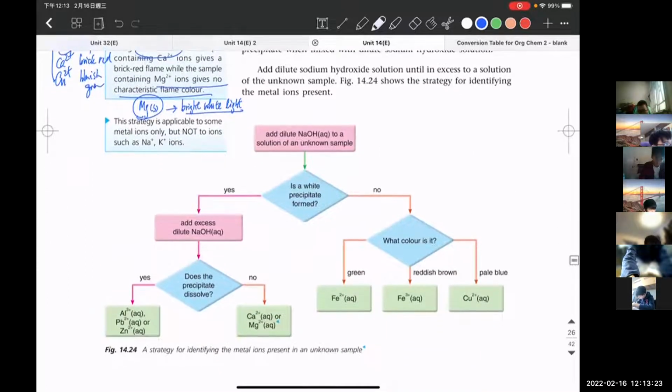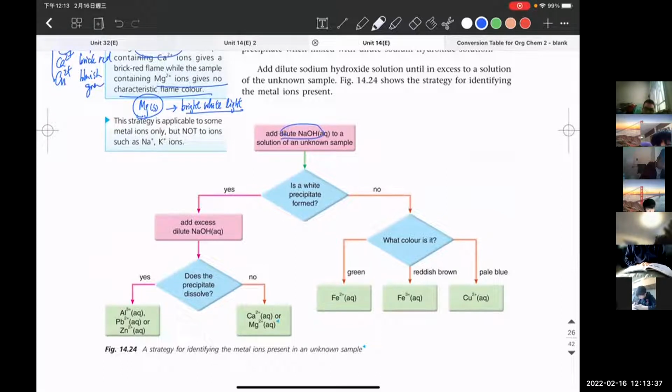Adding alkali is another choice. For example, if I add sodium hydroxide, does a precipitate form? The answer is yes or no. If yes, all those are white precipitates on the left-hand side.